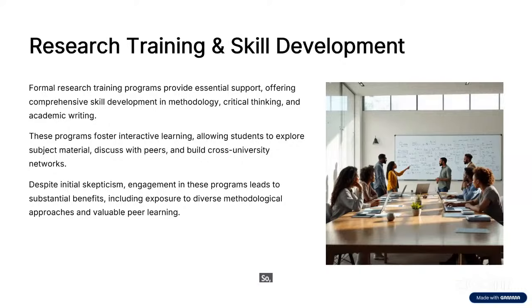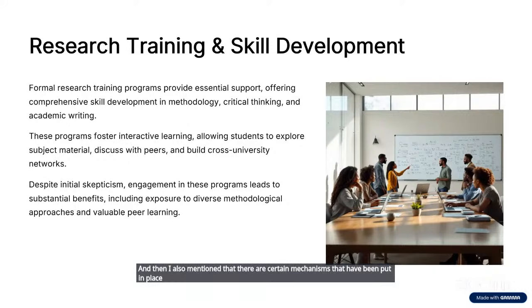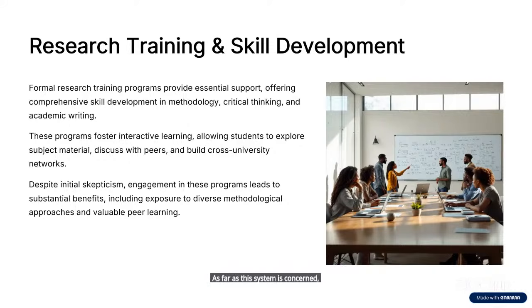So we just ended by looking at the role of the supervisor. And then I also mentioned that there are certain mechanisms that have been put in place as far as this system is concerned to support us to ensure that our doctoral journeys are seamless.